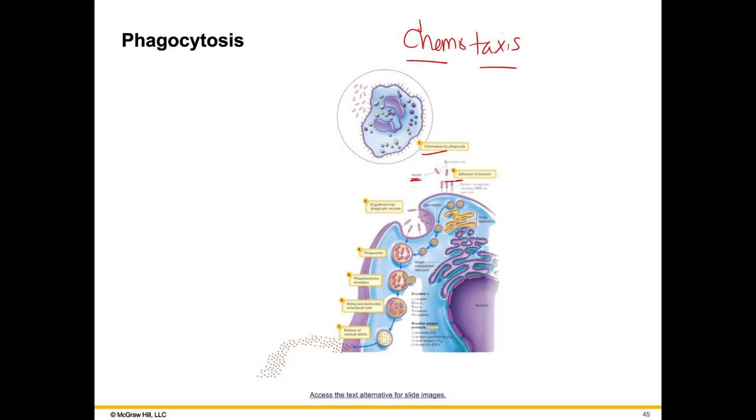Remember, those are the collection of markers or antigens that most microbes have, like bacteria, and they're going to be detected by our PRRs. Those are the recognition sites found on our white blood cell. So whenever they feel around and feel those PAMPs, they're going to engulf that bacteria. And so that's step 3. We can see them engulfing the bacteria.